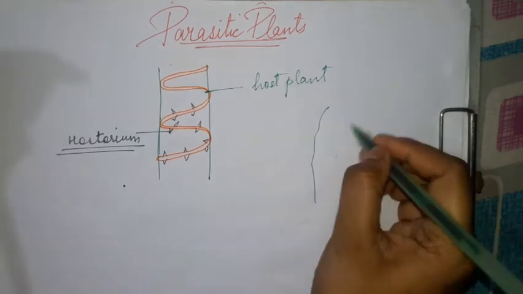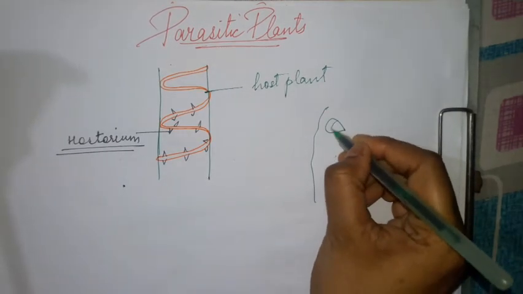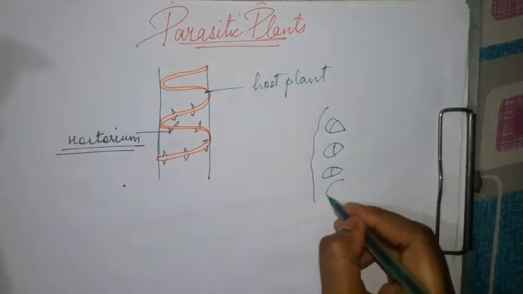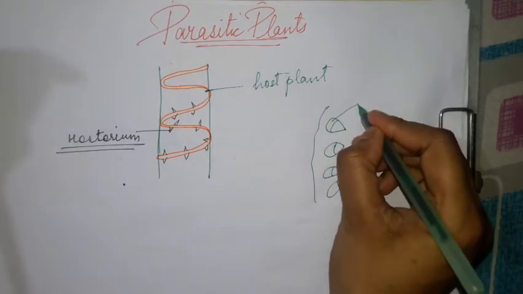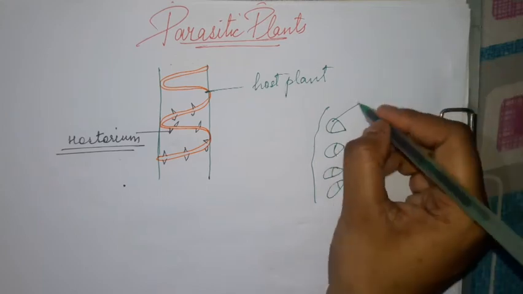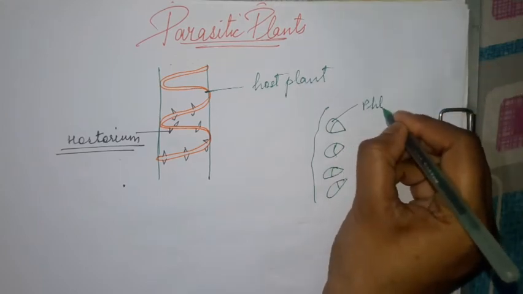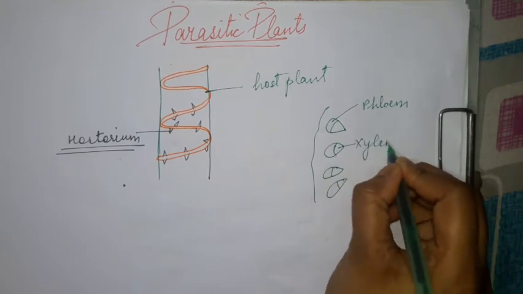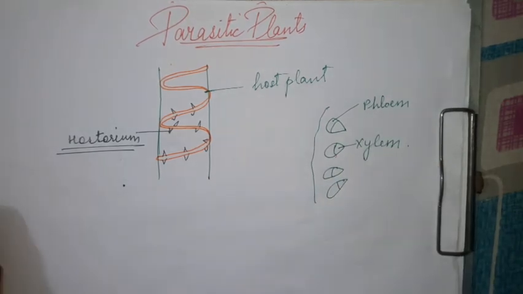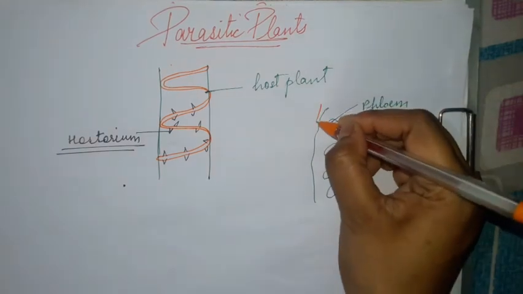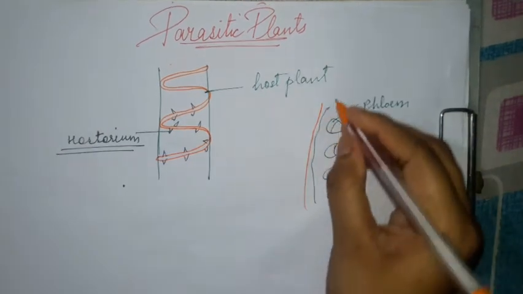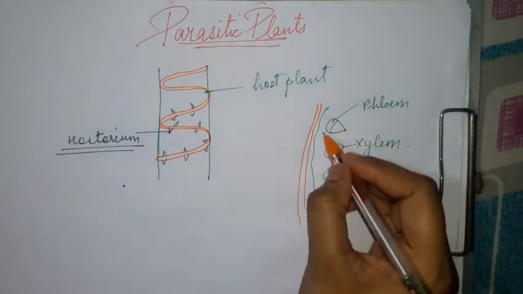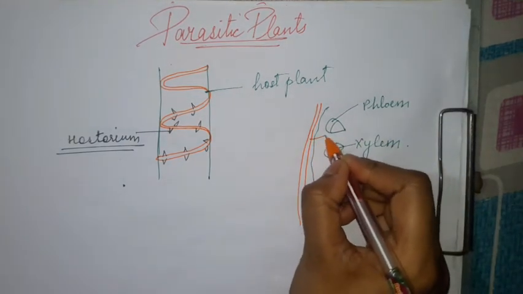This is the host plant, which consists of the vascular tissues, which are called xylem and phloem. This is the parasite. These parasites have the haustoria.